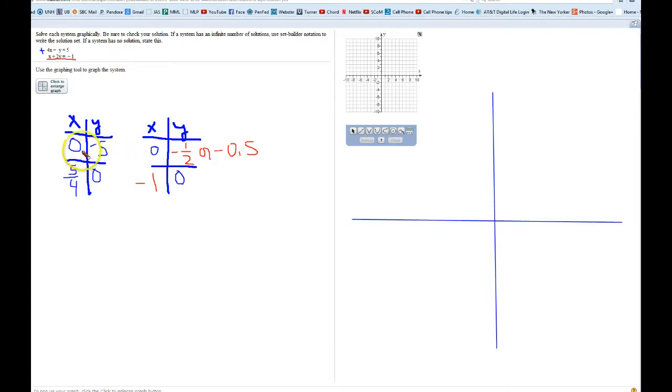Now what we do is we plot this first line, which I'm going to use blue for. So 0, negative 5. So 1, 2, 3, 4, 5. We put a dot right there. And then we have 1 1/4.